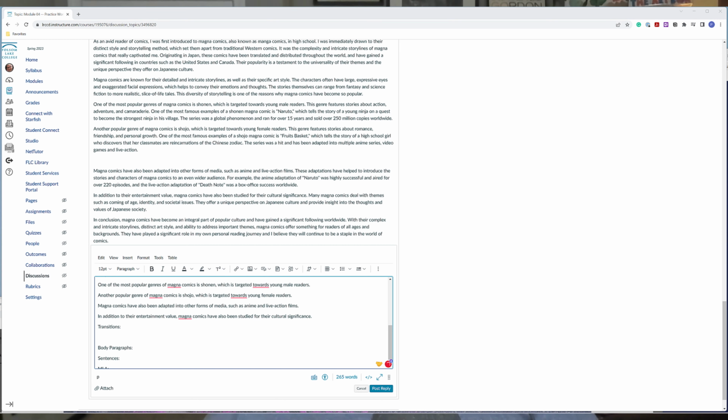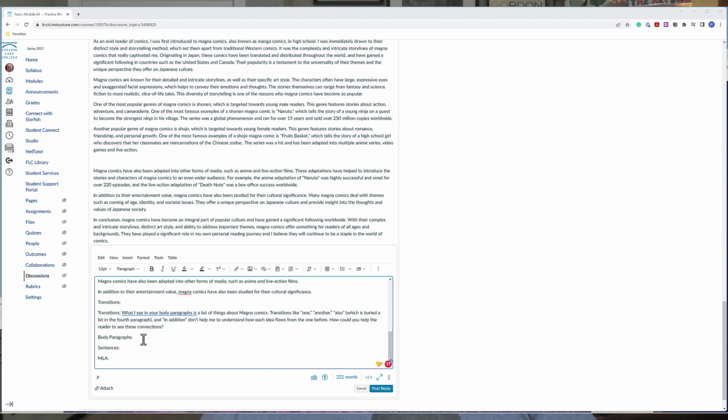Now we're going to start talking about the transitions. This is where I'm going to start to talk about what I've seen as a reader. Next, we'll talk about any patterns in terms of support and analysis in the body paragraphs.